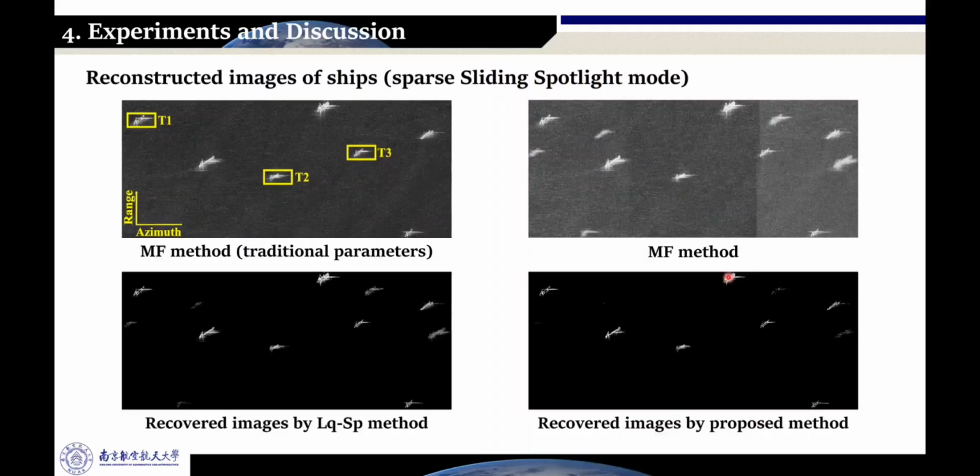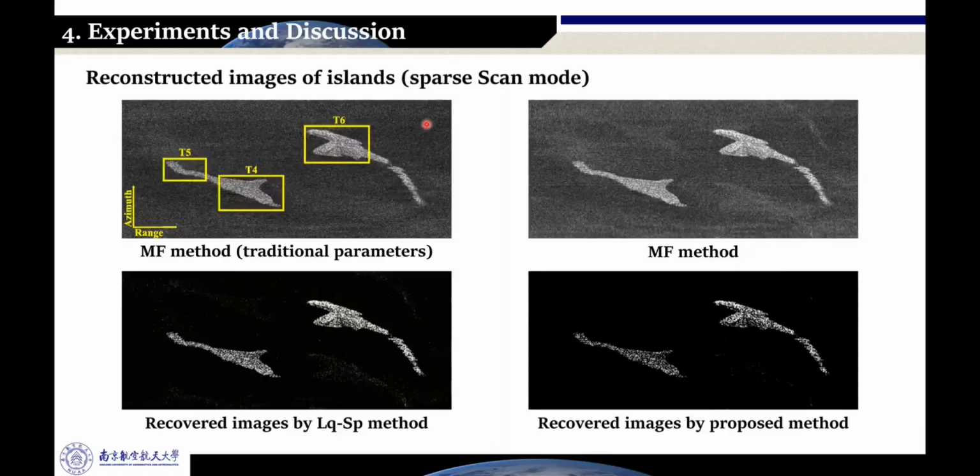The MF-based image recovered from the data collected by the traditional sliding spotlight mode is also given. For the designed sparse mode, MF fails to recover the sparse scenes with obvious ambiguities.